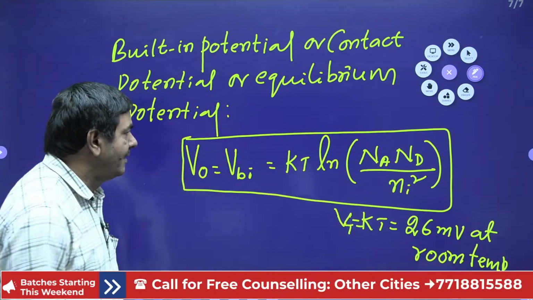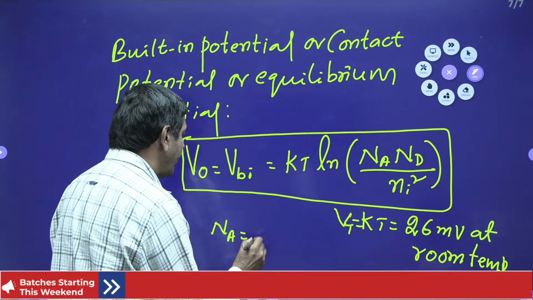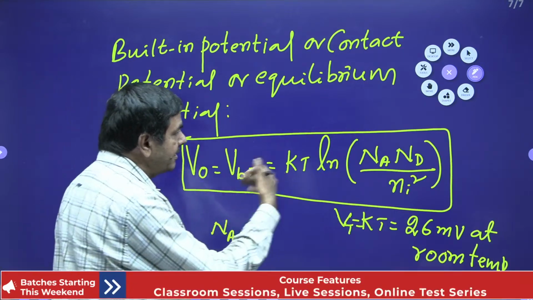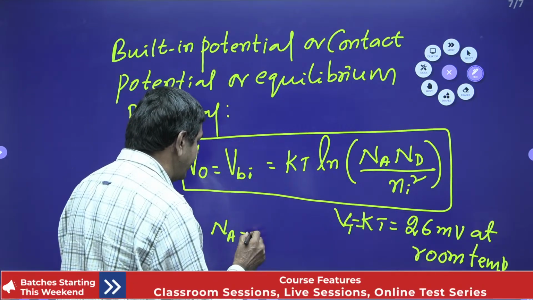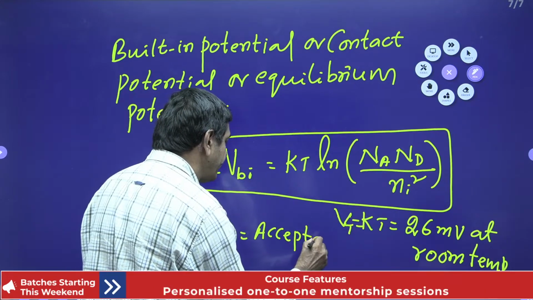Now, NA means acceptor concentration, because the P-type and N-type materials have acceptor and donor concentrations. NA equals the acceptor concentration.